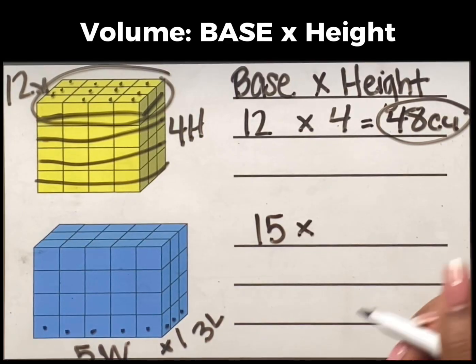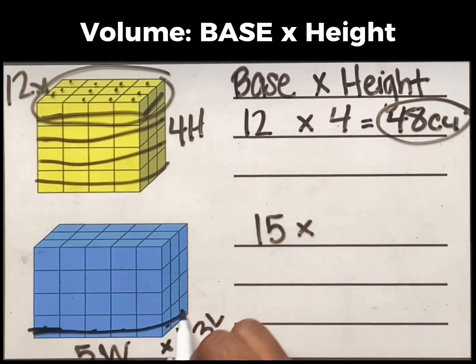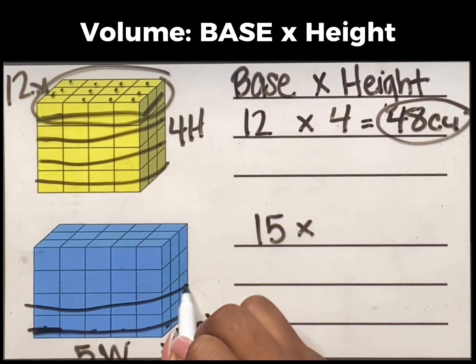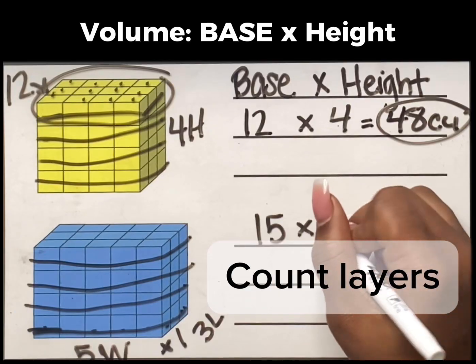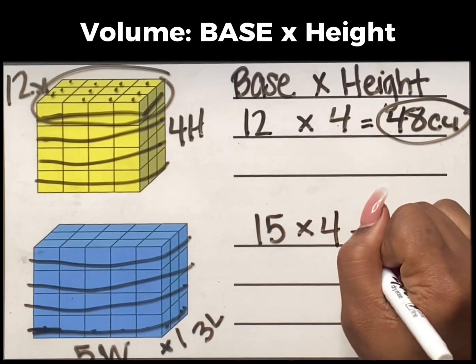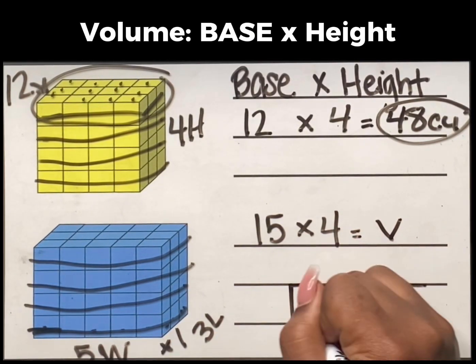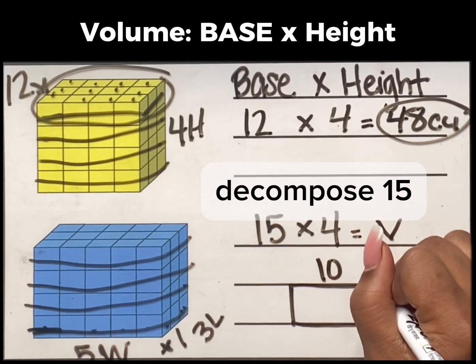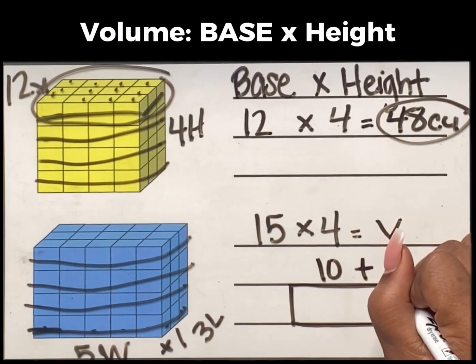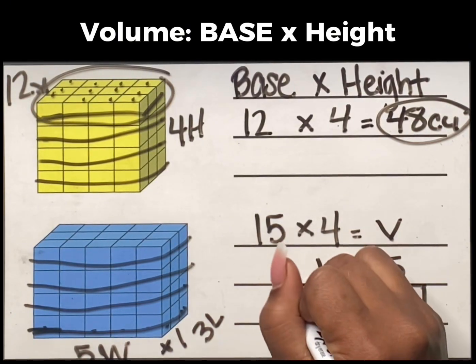How many layers of 15 do we have? 1, 2, 3, 4. 4 layers of 15 will give us our volume. We're going to solve using rectangular array. I'm going to decompose 15. 10 plus 5. Then place the 4 here on the side.